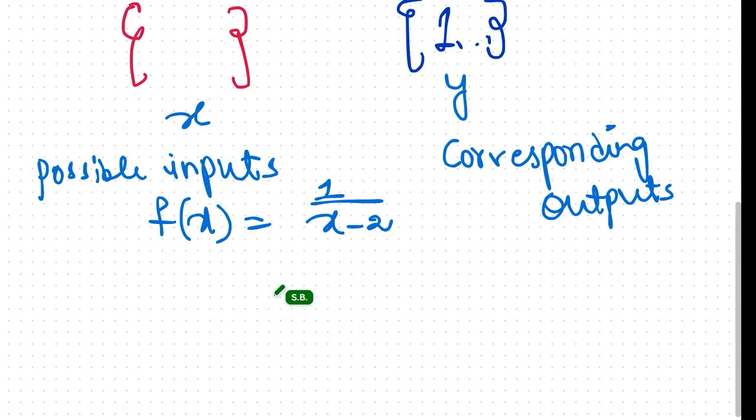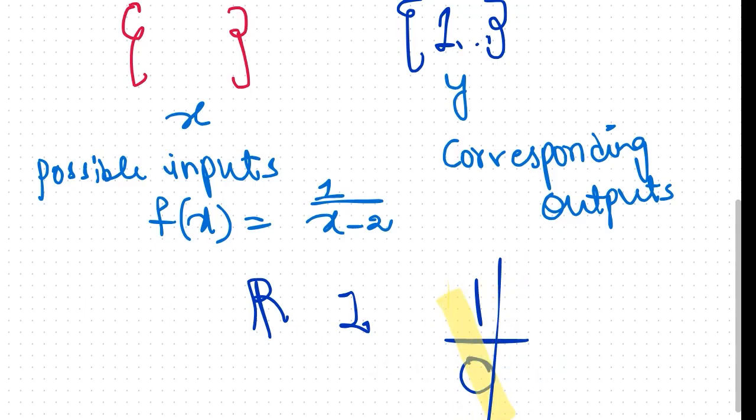If you say x is all real numbers, can it be anything? Except 2. What happens if you put 2? The denominator is 0, so this is not defined, right? So domain is all reals except the element 2.